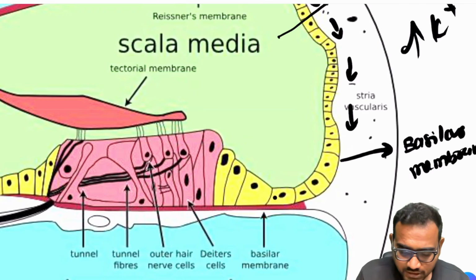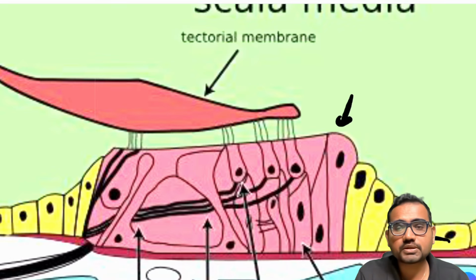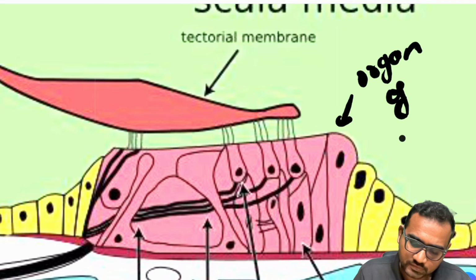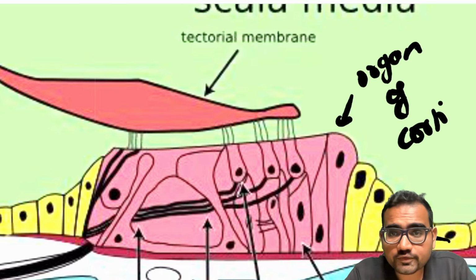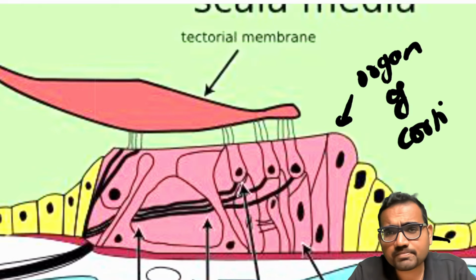The pink portion where the vibration reaches is called the organ of Corti. So the vibrations reach the organ of Corti via the basilar membrane.